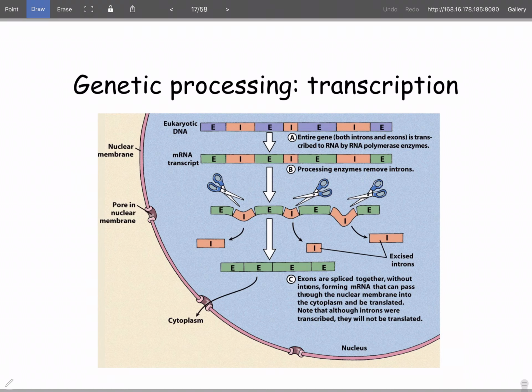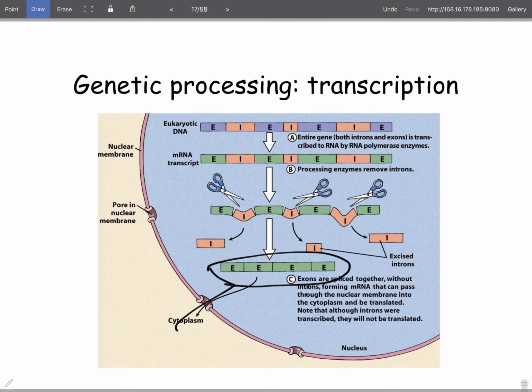So they're labeled in this diagram as I and E. E stands for exon, and I stands for intron. And introns are actually trimmed out from the fully functional mRNA that you see down here at the bottom that are going to be exported through a nuclear pore into the cytoplasm.